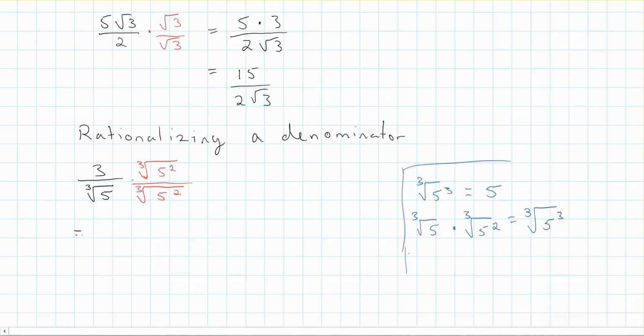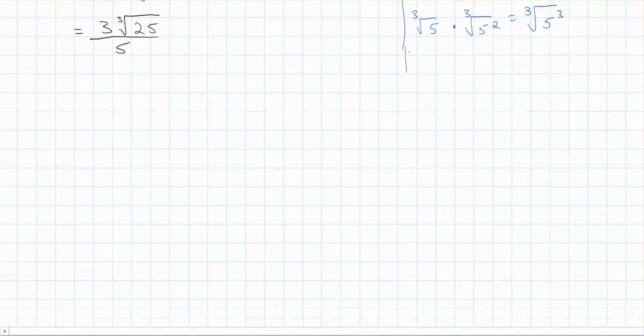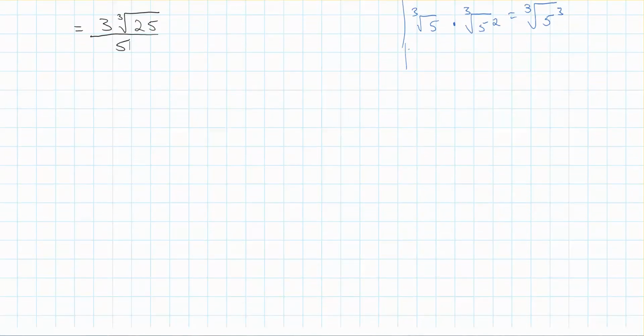And then simplifying this, we'd have 3 times the cube root of, well, 5 squared, we'll go ahead and write that as 25, all over 5, because the cube root of 5 times the cube root of 5 squared, as we showed over here, is just equal to 5.